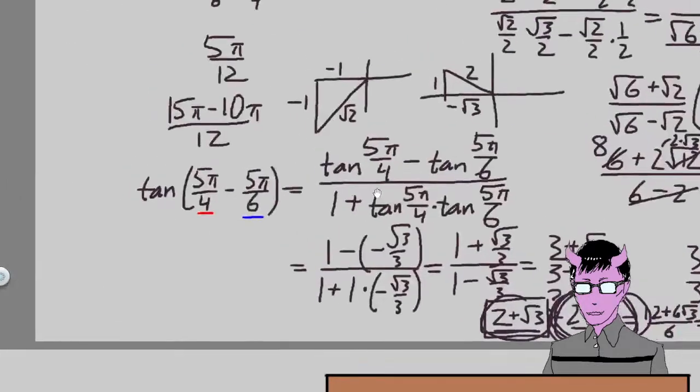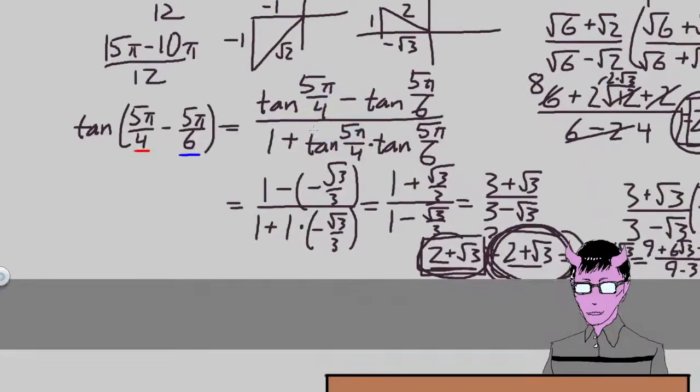Alright, so let's see. What was it? We have tangent of 5 pi over 12.